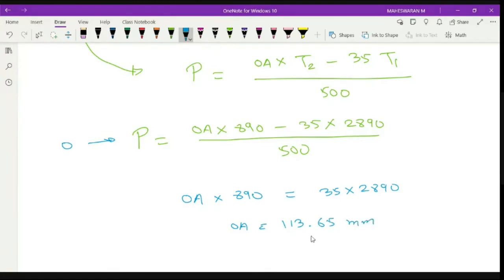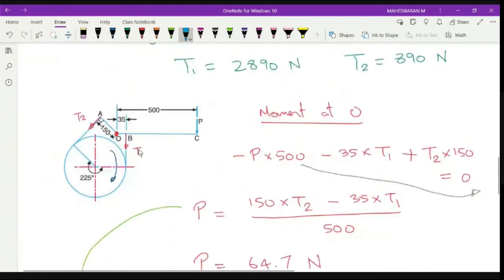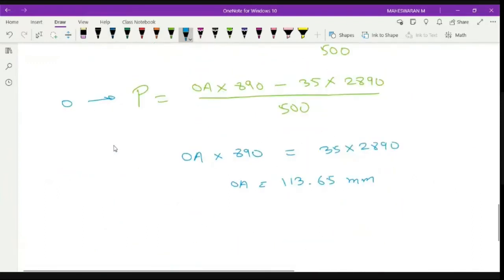What happens if we increase this OA? Will you get P positive or negative? OA here is 150, and P is positive. So when I increase my OA, P becomes positive.